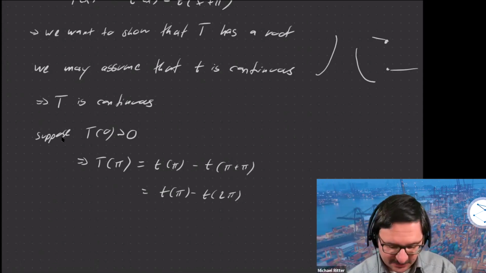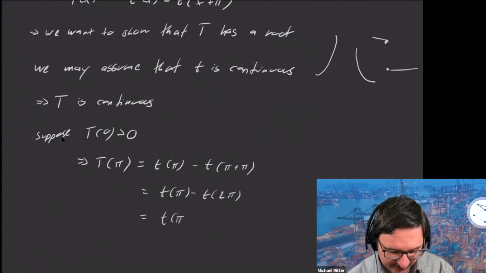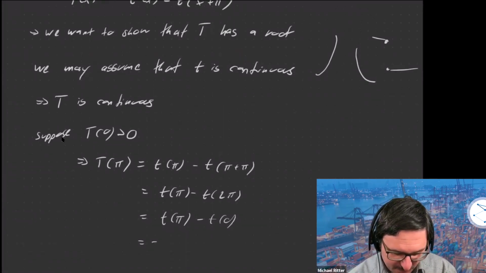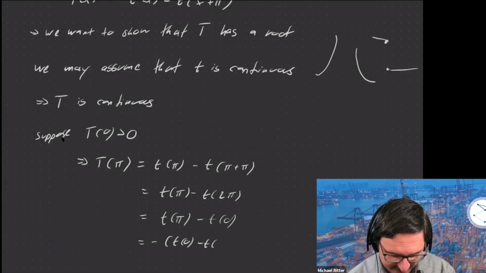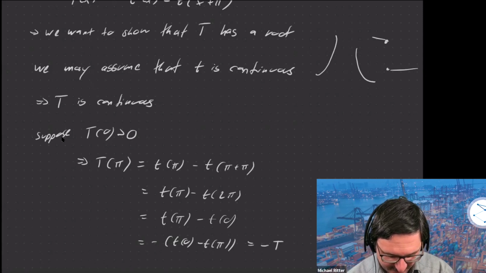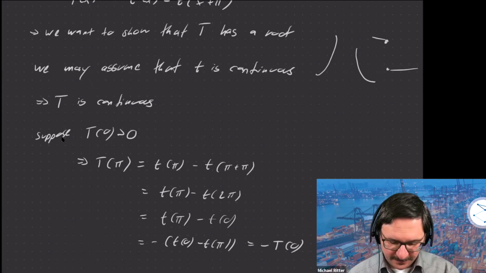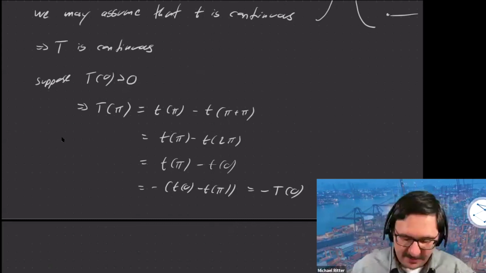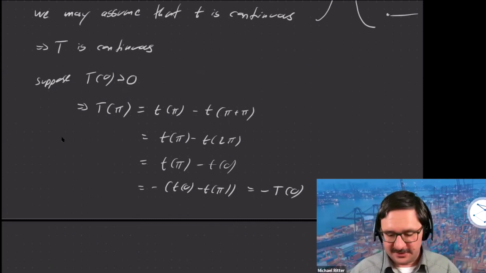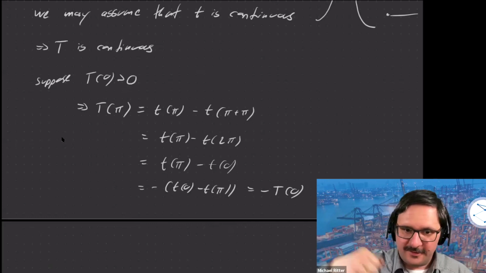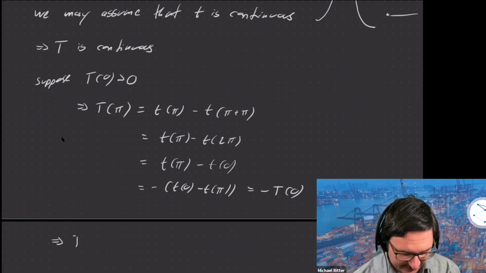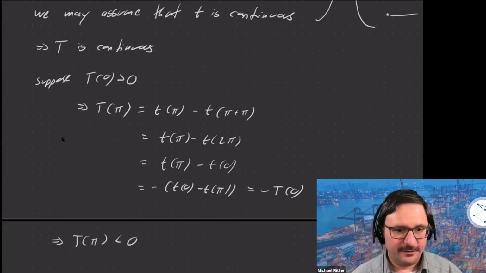So that's the same thing as small t of 0, right? We're on a circle. And that, on the other hand, is the same as minus (t of 0 minus t of pi), which is equal to minus capital T of 0. So the temperature difference at 0 and at pi is obviously equal with a flipped sign. So that means if T of 0 is positive, then T of pi is negative.